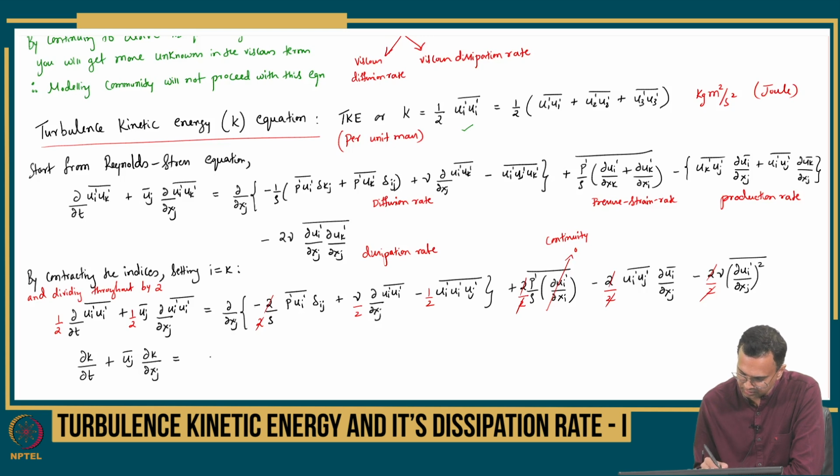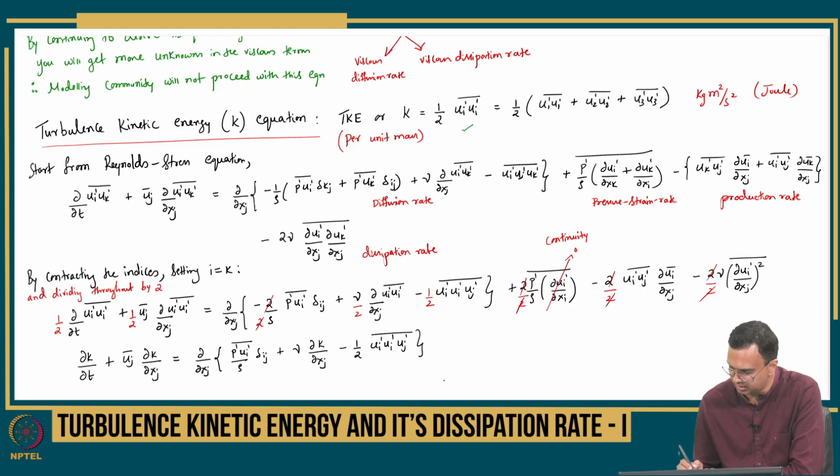So I have now dou by dou xj of p prime ui prime by rho delta ij plus nu, half again goes inside the derivative, making it dou K by dou xj, minus half ui prime uj prime. This is the diffusion rate of turbulence kinetic energy.